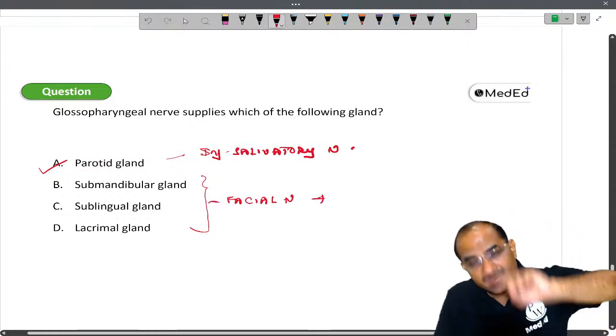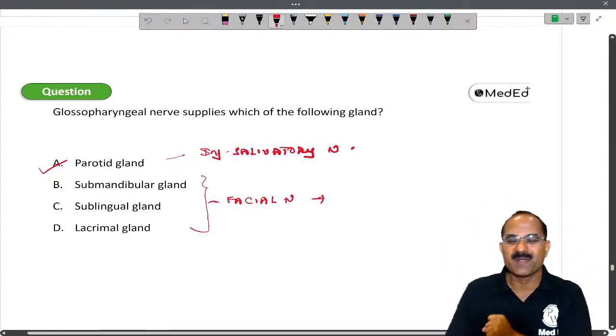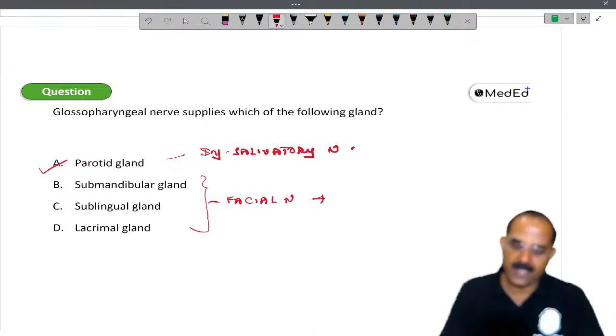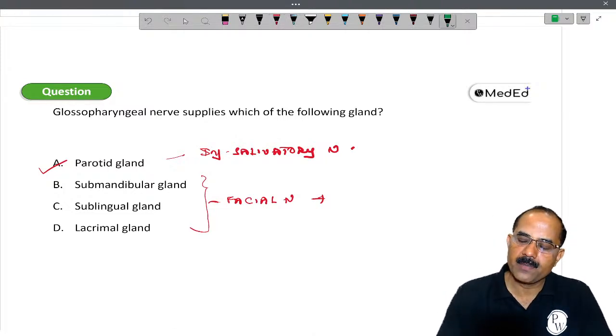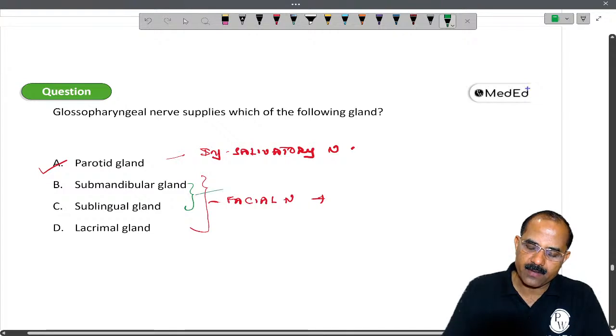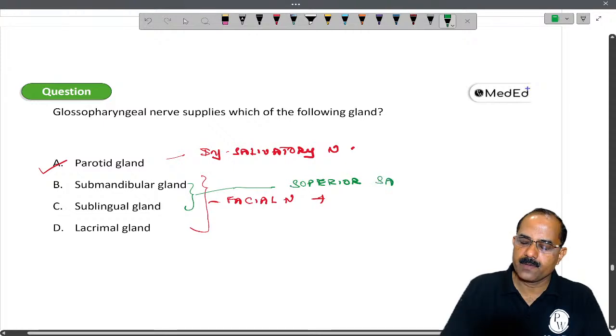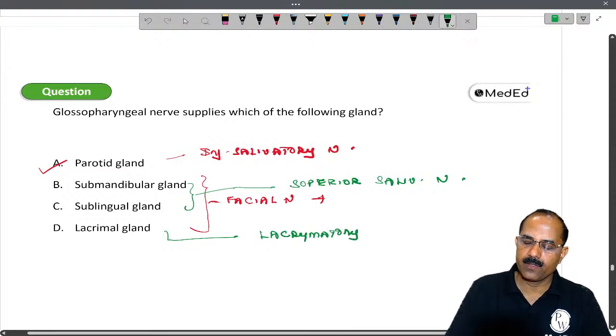And वो facial nerve का वो कौन सा nucleus है जो सारे glands को supply करता है? Submandibular and sublingual glands को जो supply करता है, the name of the nucleus is superior salivatory nucleus. जो lacrimal gland को supply करता है, that is lacrimatory nucleus.